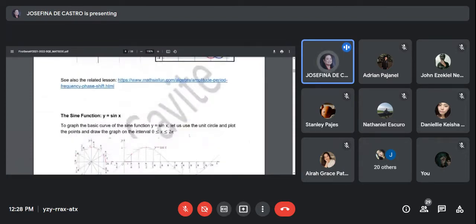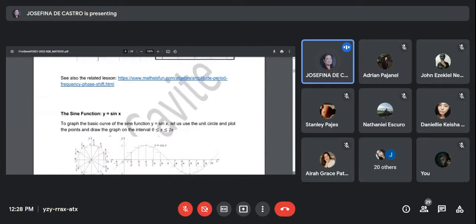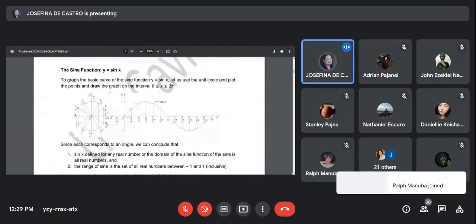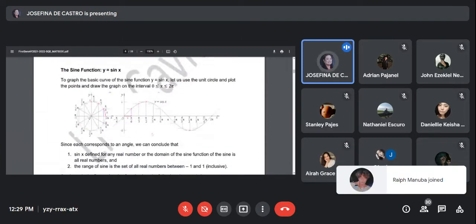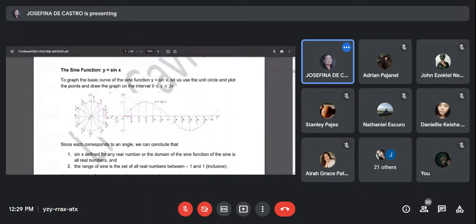So, let's start with the sine function, y is equal to sine x. Okay, so from the figure, ito yung ating unit circles. And we give some of the angles within the quadrants. You have pi over 6, pi over 3, pi over 2, 90, 2 pi over 3, 5 pi over 6, and so on and so forth.